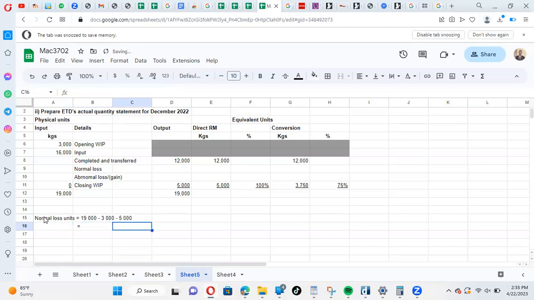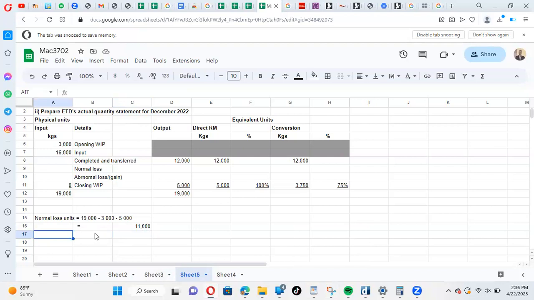So what's the amount there? This is going to be 19,000 minus 3,000 minus 5,000. So that's basically it there. We are dealing with inventory of 11,000 that's going to undergo the normal loss process.